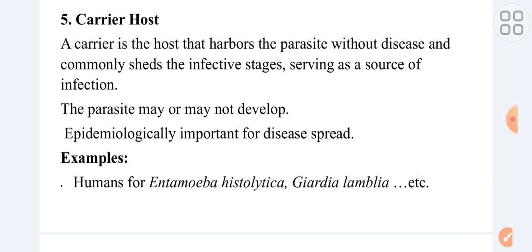In the carrier, there may be multiplication and development. Epidemiologically, the carrier is very important for disease spread. Examples: humans for Entamoeba histolytica, Giardia, and other parasites.